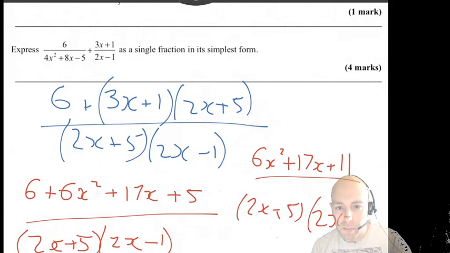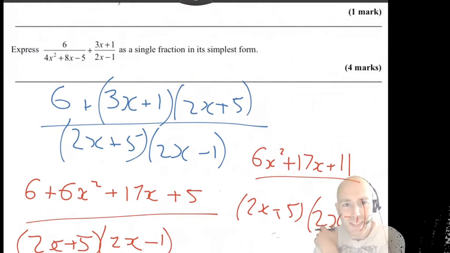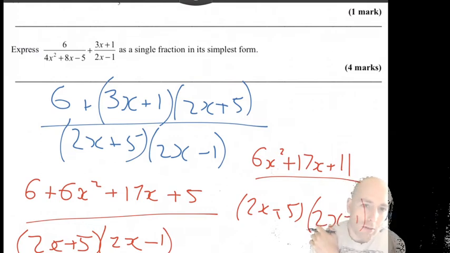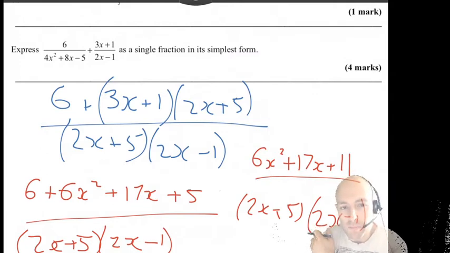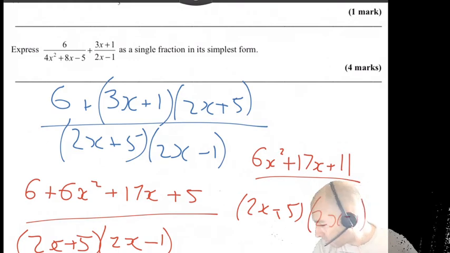Cool. Right, that might be it. We just need to see if we can factorize it. Does the top factorize? I don't think it does, no. And if you're not sure, you can use a discriminant on it or quadratic. Just solve on the calculator, see if you get any actual factors. But I think that's it for this one.